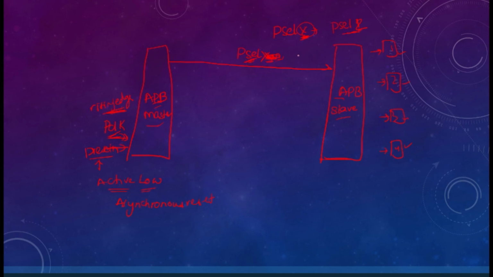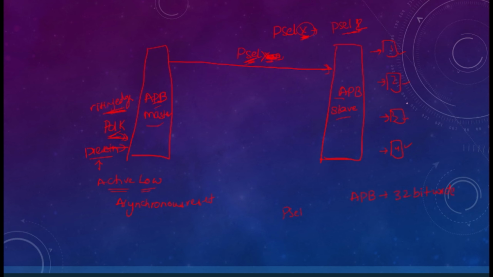So in order to select the slave, this particular signal is used. We'll call this a slave selection signal. When you are selecting the slave, you will be using this p select signal. And one important thing about APB, as I already told you in the previous session, is that APB is 32-bit wide.